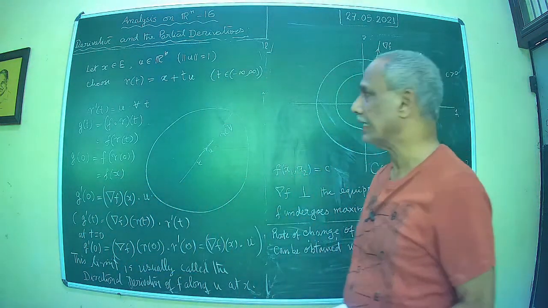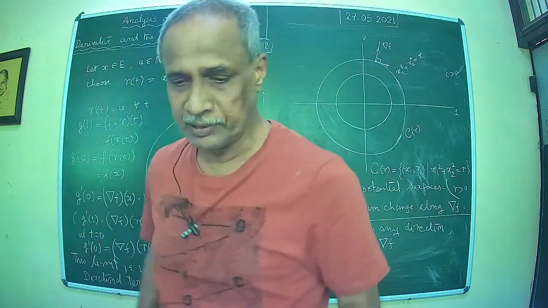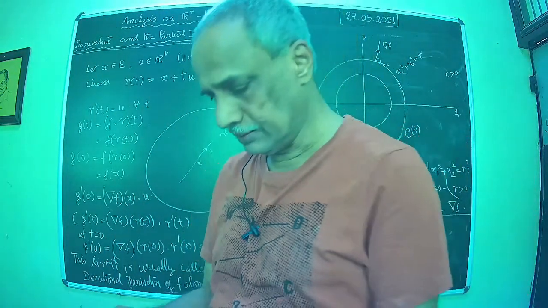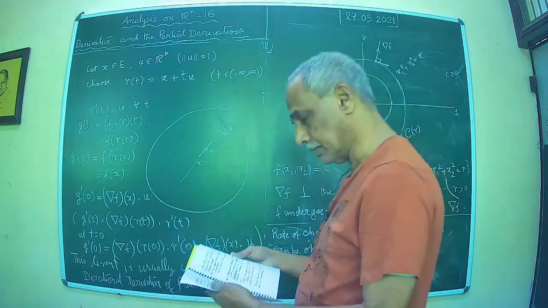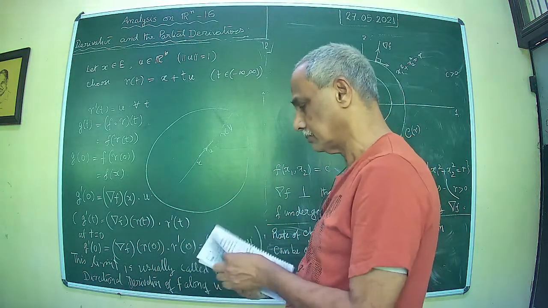So once you get the gradient of f, the potential function, then you get a field, and this field usually determines all this information. Okay.